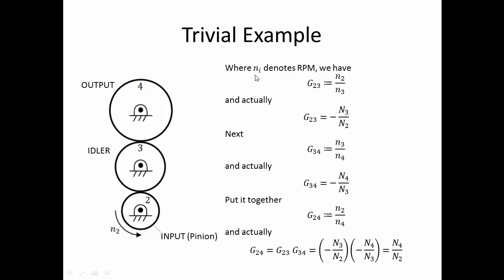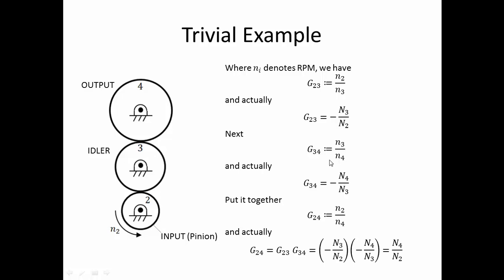Remember that your lowercase n denotes your speed or your RPM. We define gear ratio, say between the gears 2 and 3, to be n2 divided by n3, or the speed of the input divided by the speed of the idler. And that's actually equal to, if we take care of signs, we're looking at them rotating in opposite directions, so that's equal to minus the number of teeth on gear 3 divided by the number of teeth on gear 2.